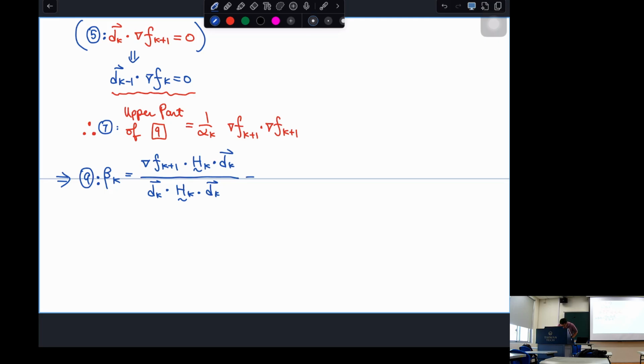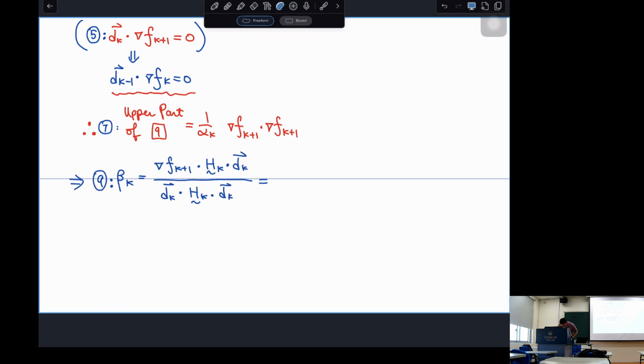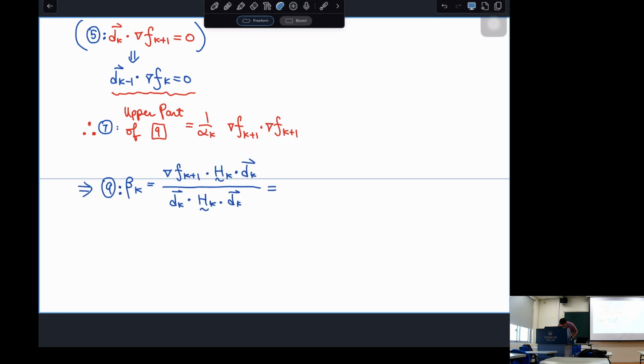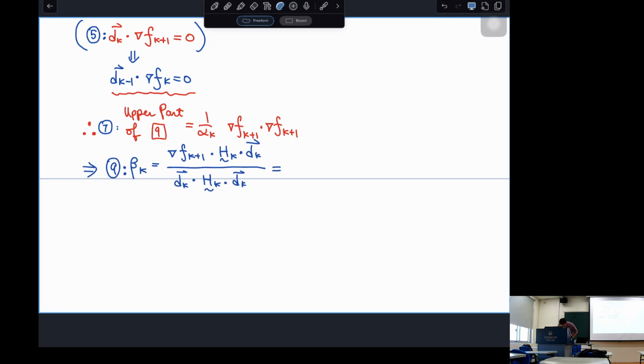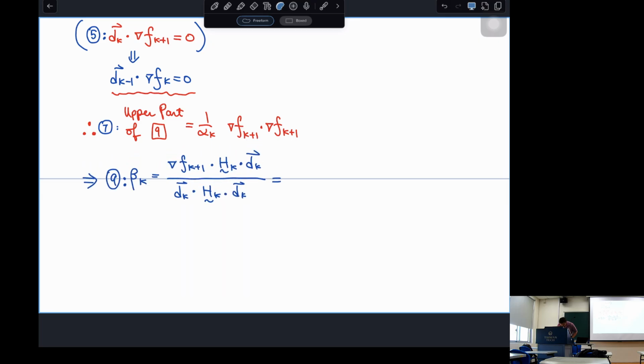This gives us gradient f k plus 1 dot gradient f k plus 1 over alpha k scalar at the bottom, dk dot Hk dot dk. And we are going to call this equation 10.